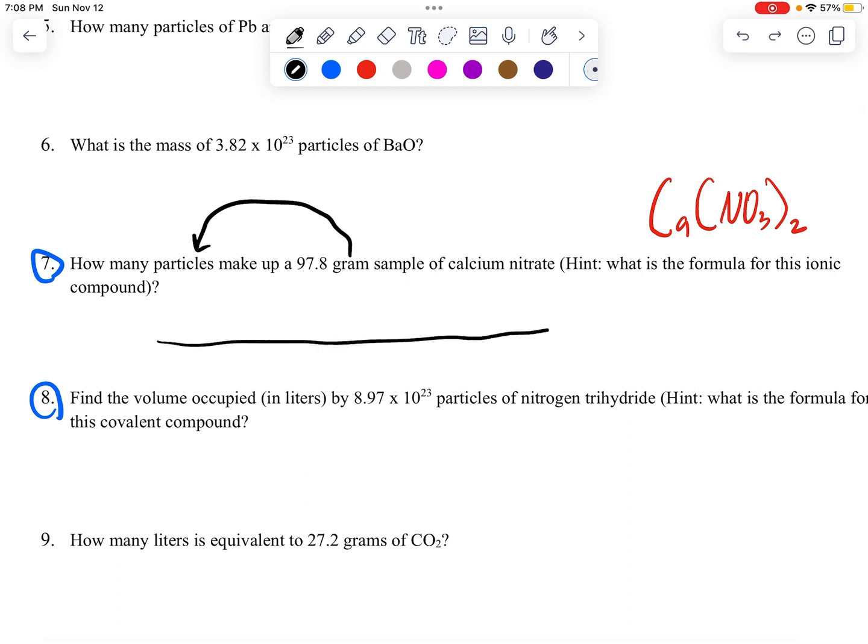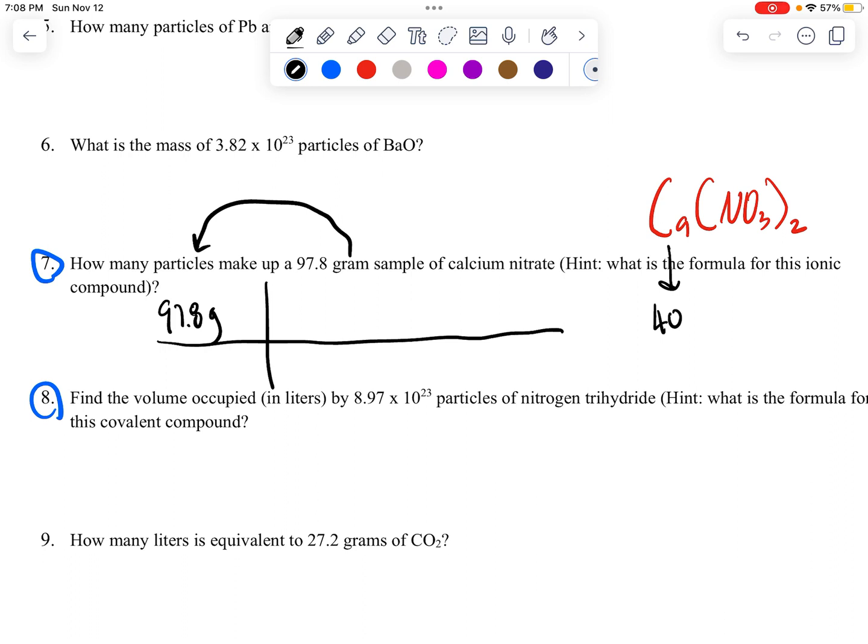Always begin with what is given, which is 97.8 grams of calcium nitrate. Do we know what the molar mass of this calcium nitrate is? No. So we're going to have to determine that too. A lot of work, right? Calcium is approximately 40.